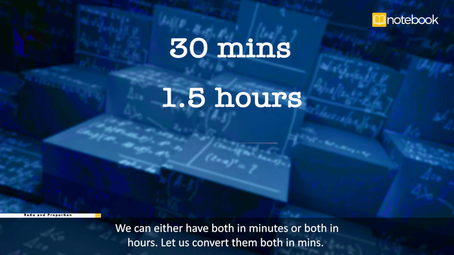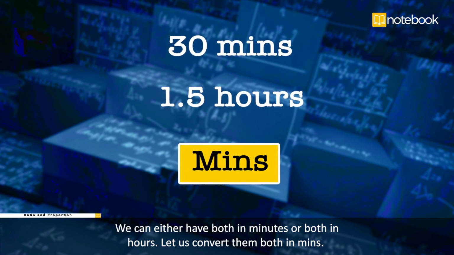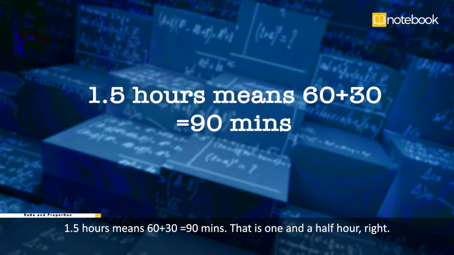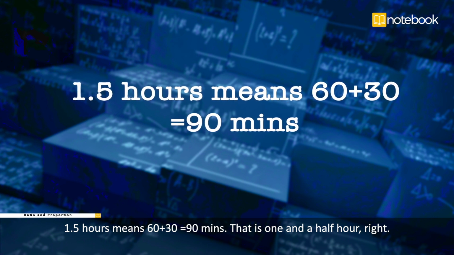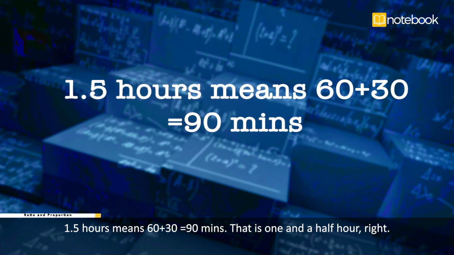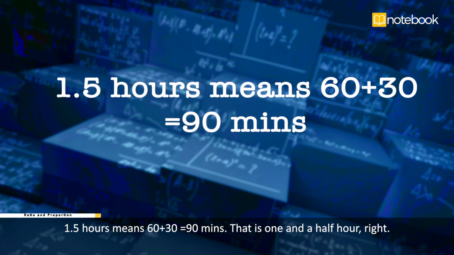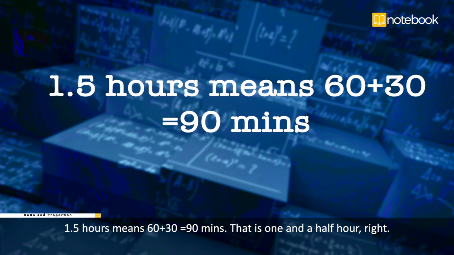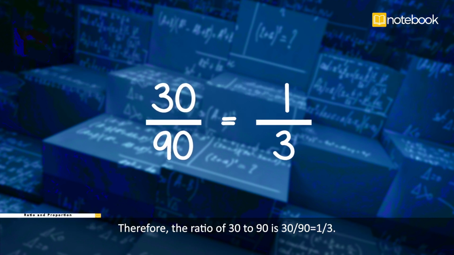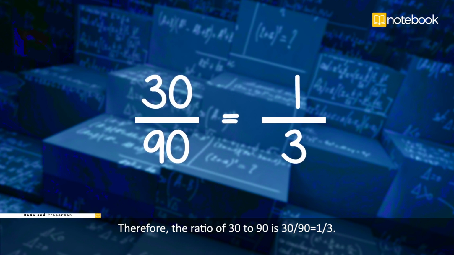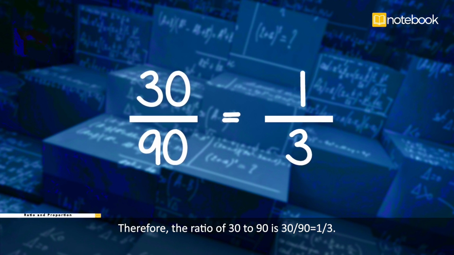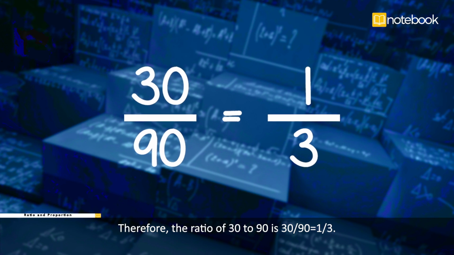Let us convert them both to minutes. 1.5 hours means 60 plus 30, which is equal to 90 minutes. That is 1.5 hours, right? Therefore, the ratio of 30 to 90 is 30 by 90, which is equal to 1 by 3.